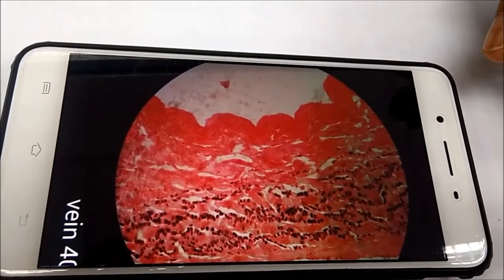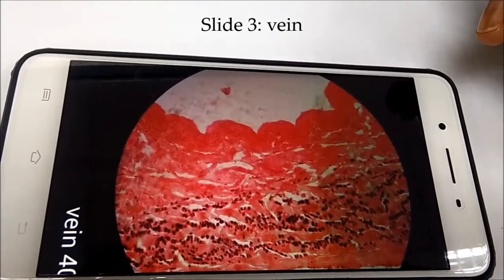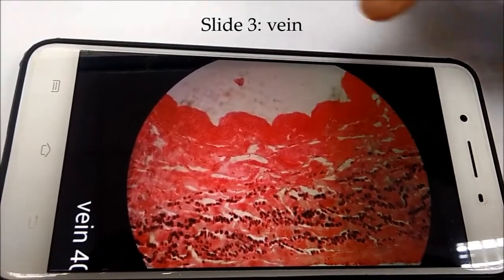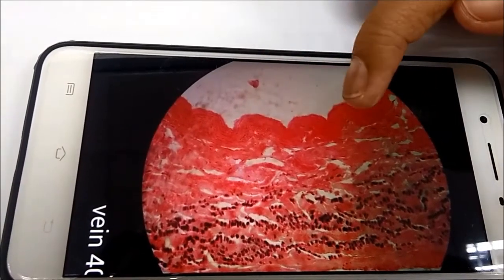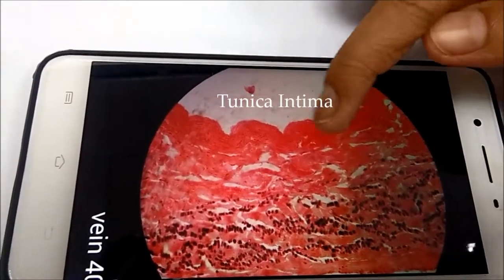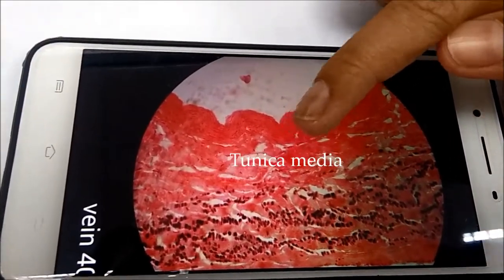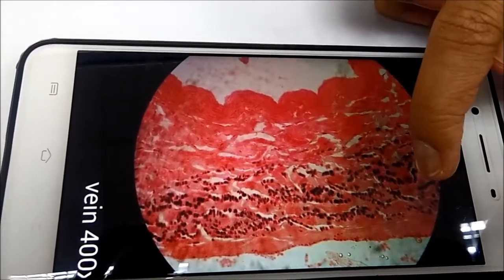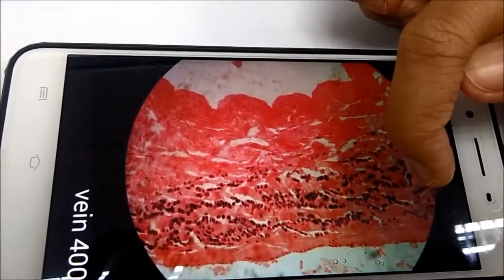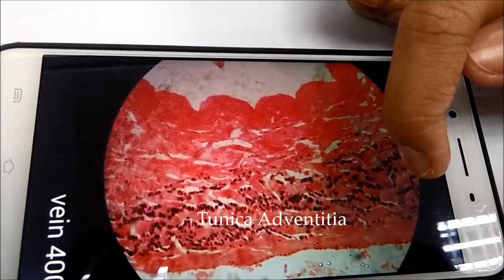And the third slide is a vein. So this is the structure of vein. As we can see, the outermost layer is known as tunica intima. The second layer is the tunica media, and the last layer, the bottom layer here, with the black color, is tunica adventitia.